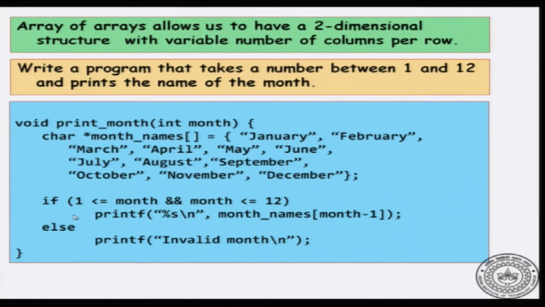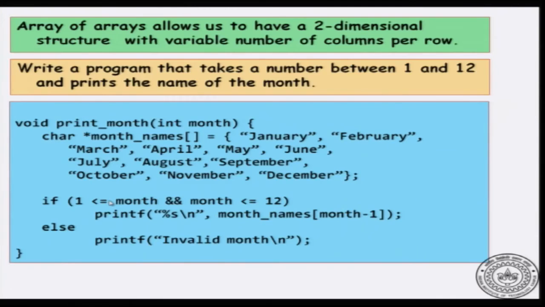Then I will write the code. You can write the code in any way. You can say that 0 is January and so on up to 11 is December, but maybe it is more natural to say that 1 is January and so on up to 12 is December. So, I will check if the given month index is between 1 and 12, then I will print month_names[month - 1].